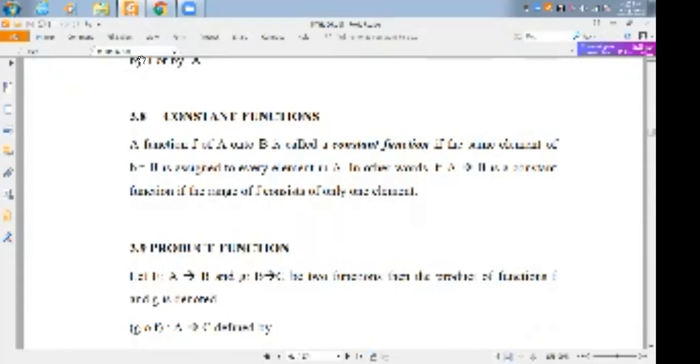That is, all the elements in the domain have the same element in the codomain assigned to them, is what we call constant mapping or constant function. Like by what is written in the notes, say a function f of A onto B is called a constant function if the same element of B is assigned to every element in A. That's what we call a constant.